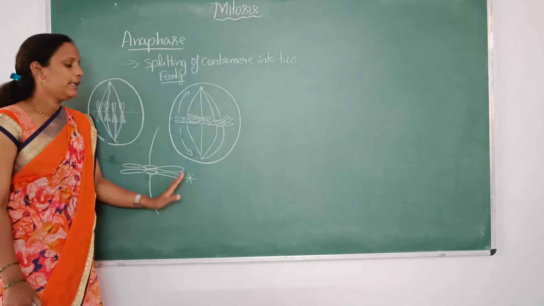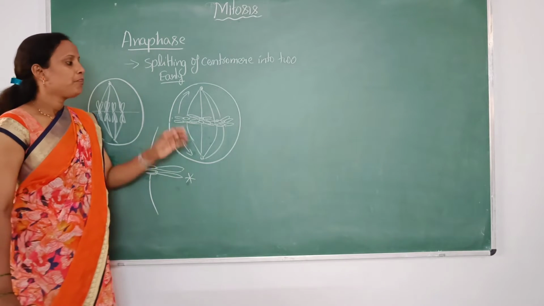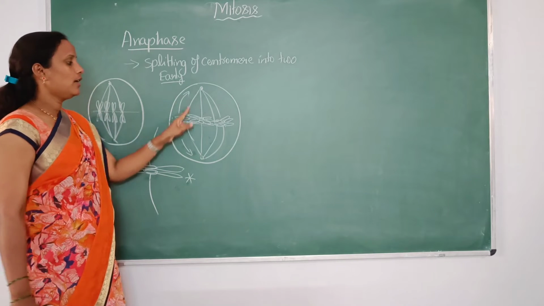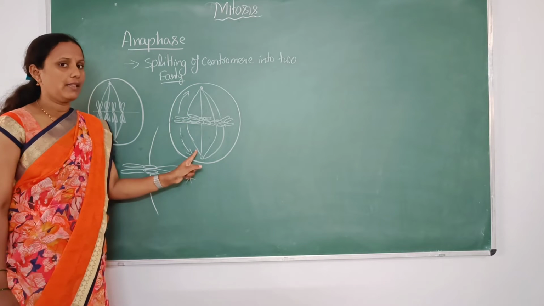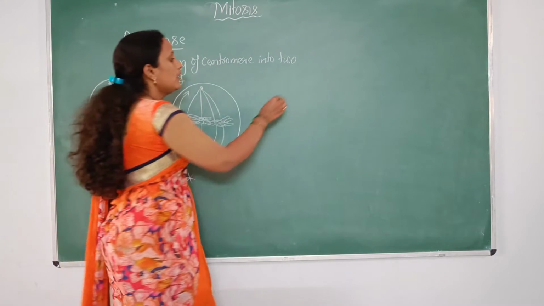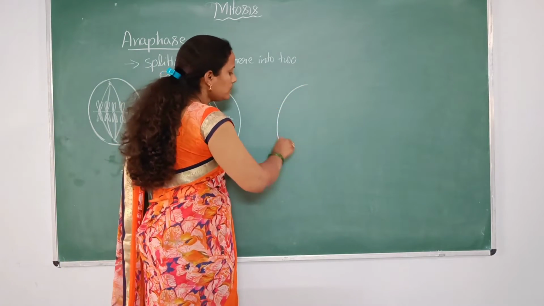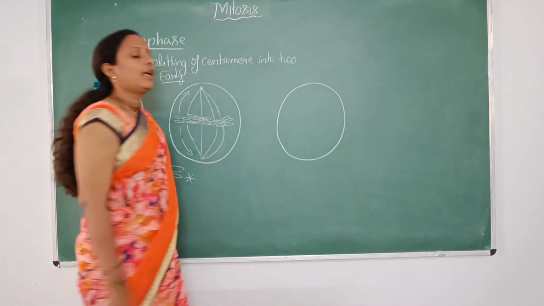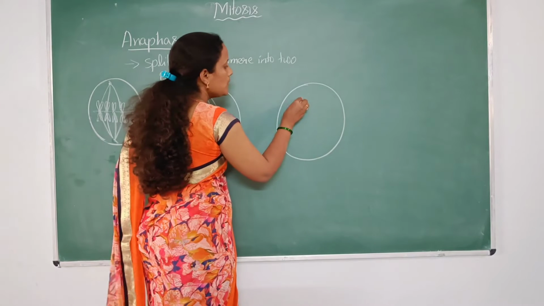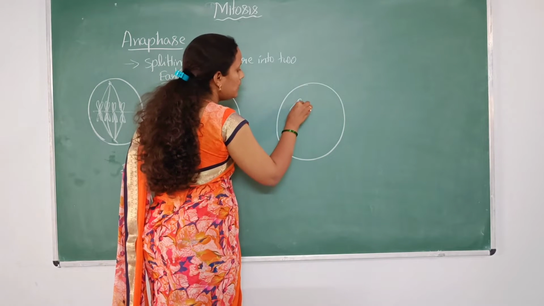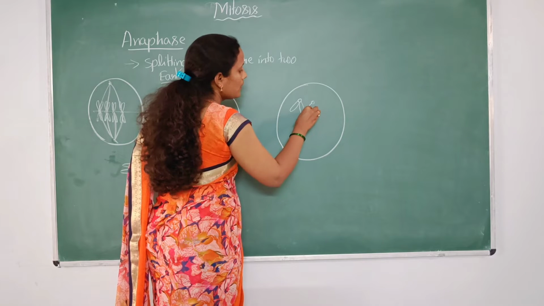So this is the beginning of the anaphase, and as the process continues, here is the pathwise movement and here is the pathwise movement which is taking place. When it continues, the chromosomes have started moving towards the poles.